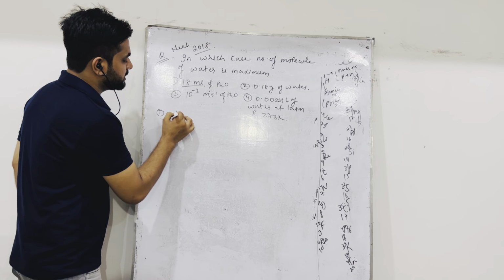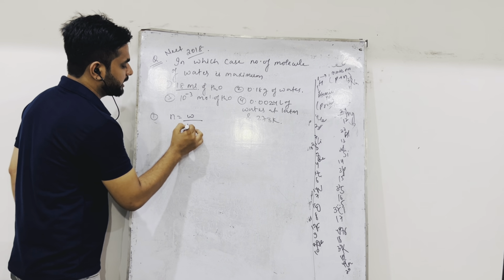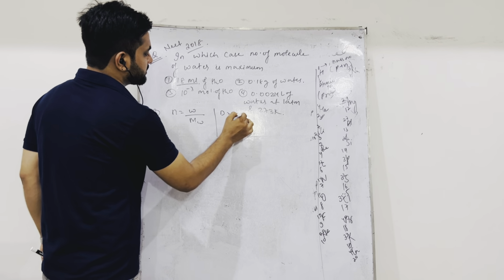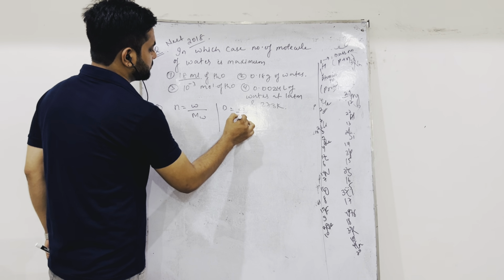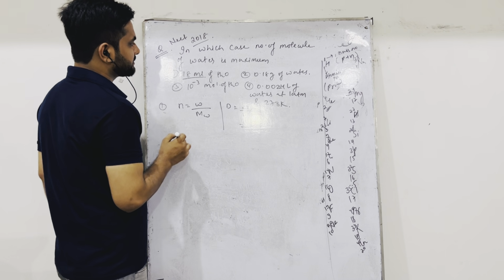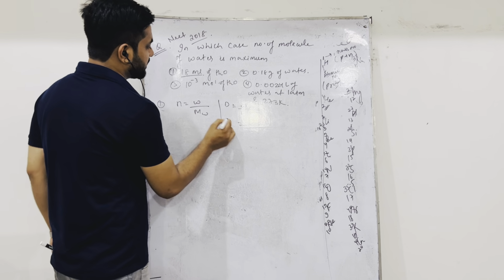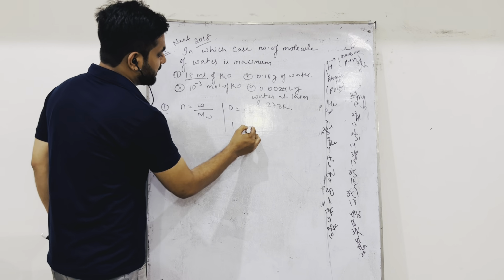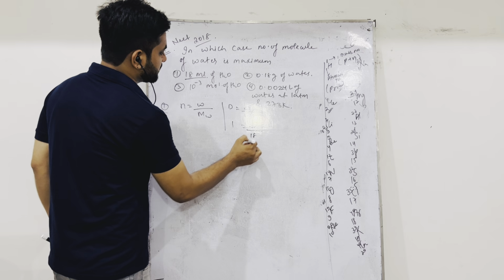First, N is equal to W upon mW. We know the density of water is W upon V, mass upon volume, and the density of water is 1 gram per ml, and the volume is 18 ml.